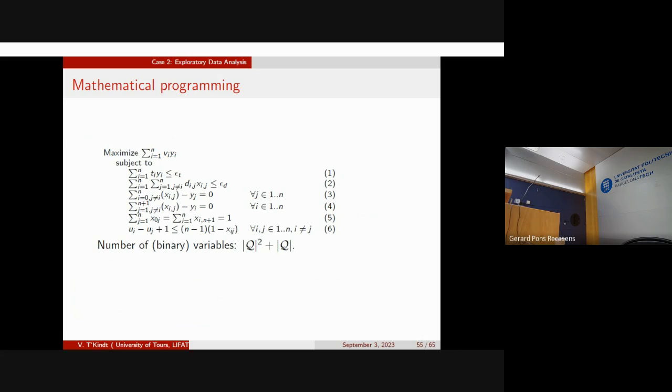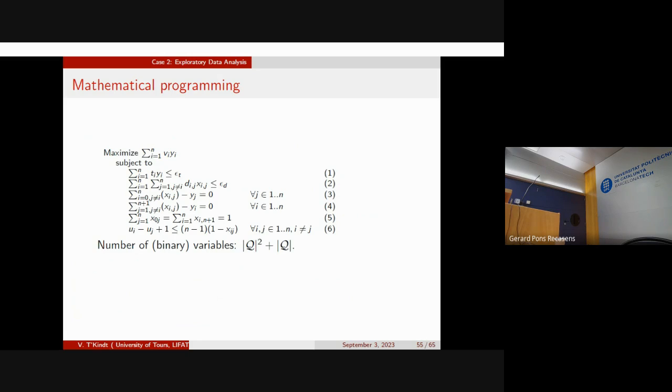The number of binary variables is the cardinal of Q squared plus the cardinal of Q. So you can think it's a pretty cool model. But it depends on the number of queries, and on a database, the number of queries can be quite huge.